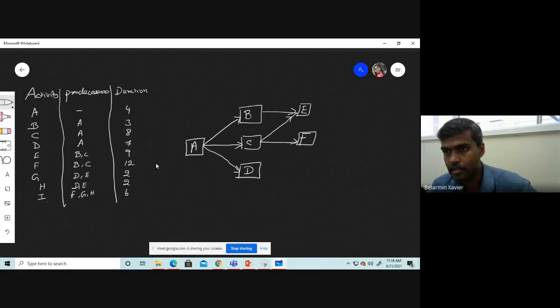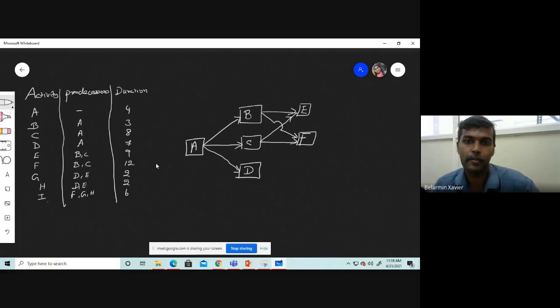So we have to draw like this. There is some crossing. While drawing itself, we can clearly mention by providing a small hump that this particular arrow is from B to F.